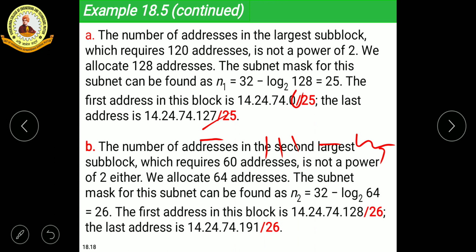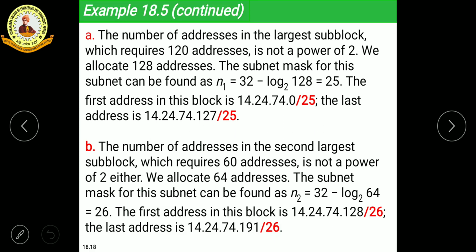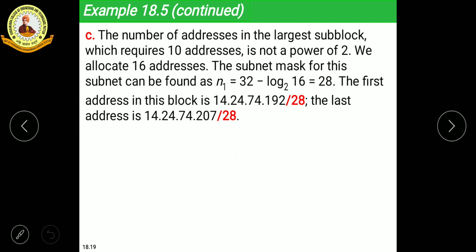Then coming to B, the number of addresses in the second largest subblock, which requires 60 addresses, is not a power of 2, so we will take 64. Similarly, do all these tasks as we have done here, and you will get the first and last address like this. Then coming to C, here it is 10 addresses, which is not a power of 2, so we will take 16 addresses.